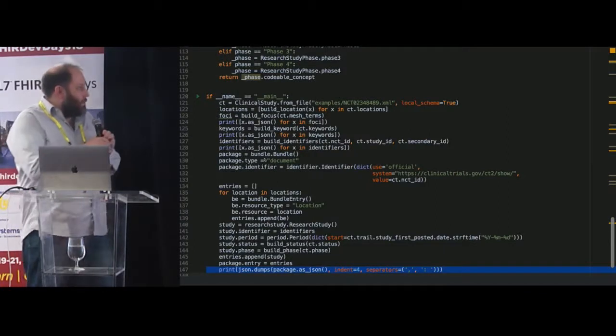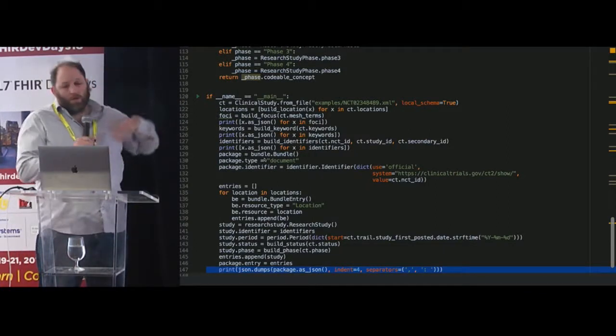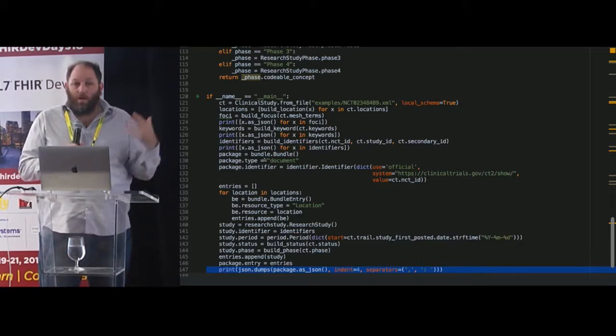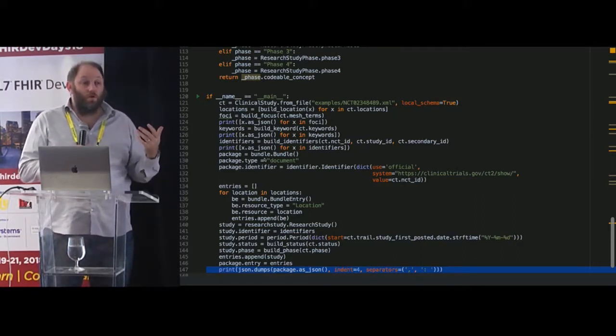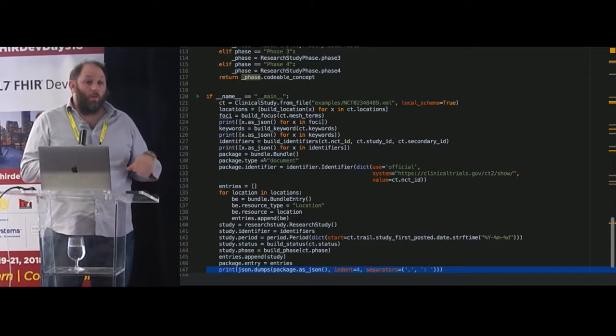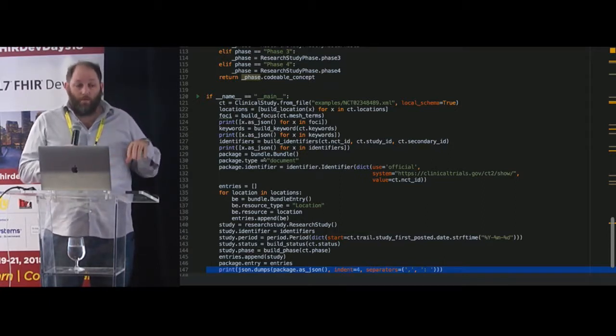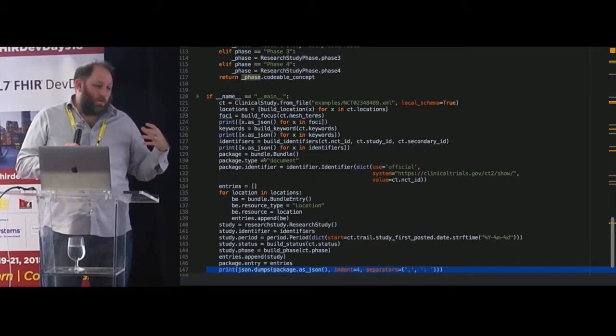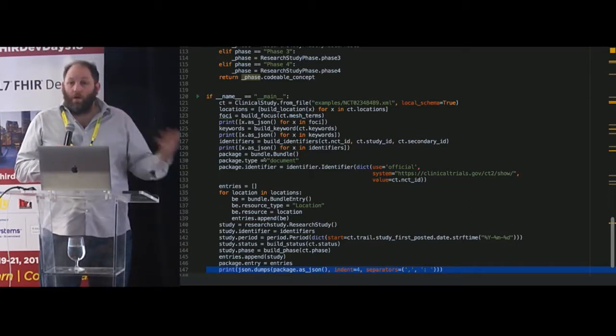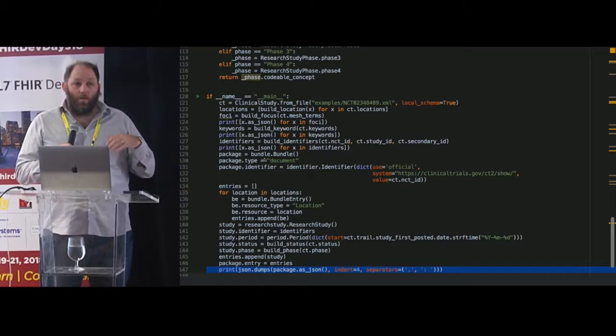I've written a wee library which will pull down the trial specifications, because you can download them from clinicaltrials.gov just as an XML document, and I've written a wrapper around that to extract all the relevant attributes. One of the attributes is that you want to be able to identify all the locations in which the study is running.